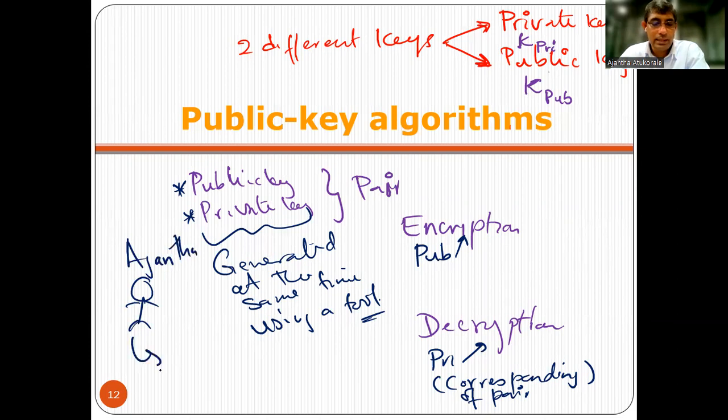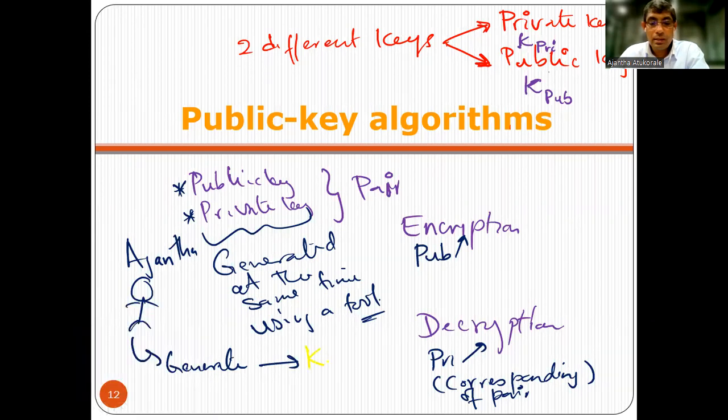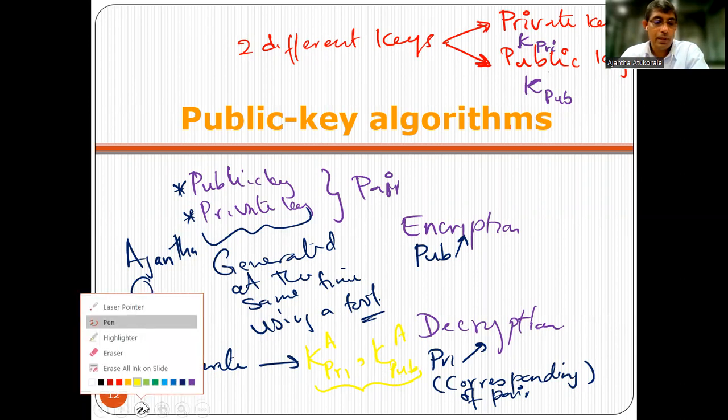When Ajanta generates keys, Ajanta will get K private Ajanta and K public Ajanta. So this is my pair. This is Ajanta's pair.